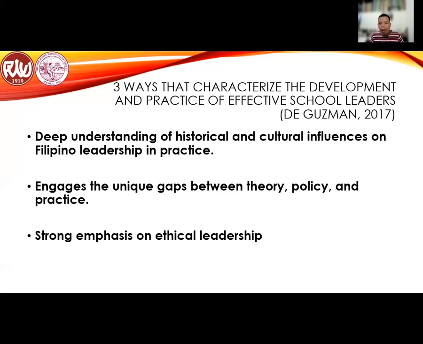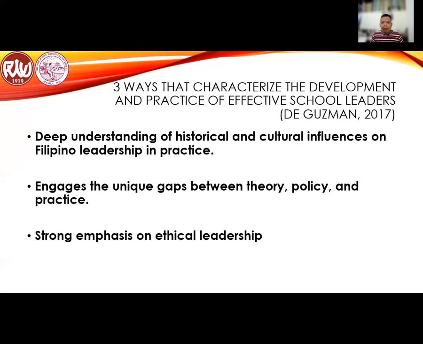First, the development and practice of school leaders in the Philippines include a deep understanding of historical and cultural influences on Filipino leadership in practice. This will mean a meaningful and respectful integration of local traditions and indigenous ways of knowing with Western ideas and innovation.